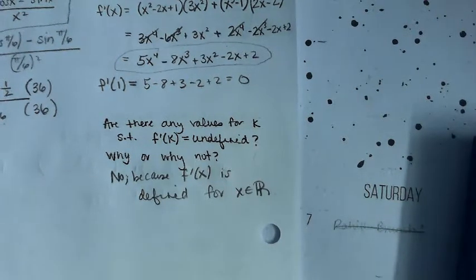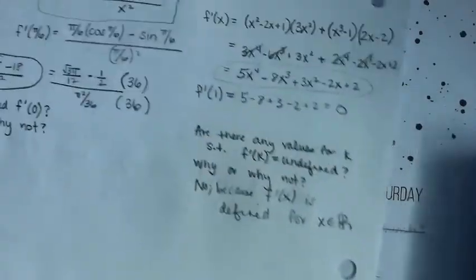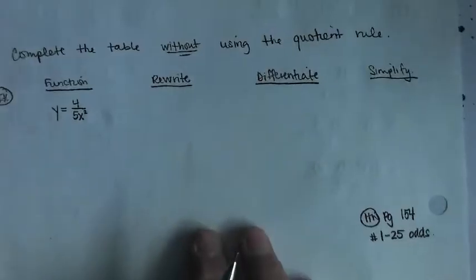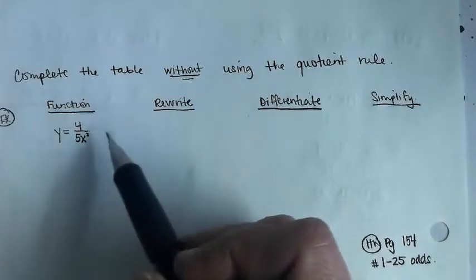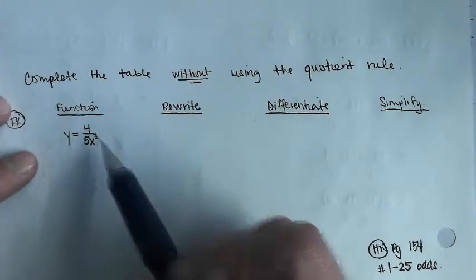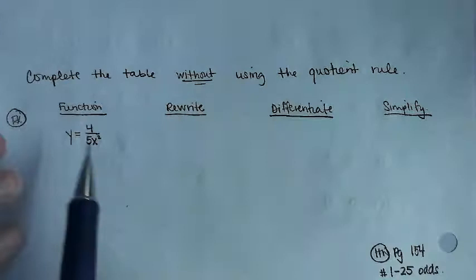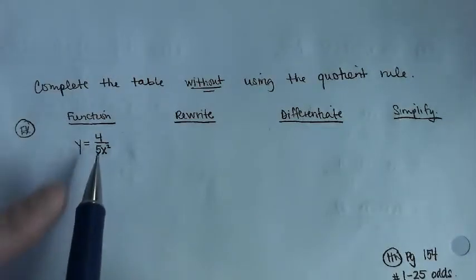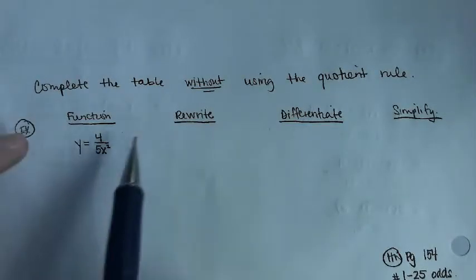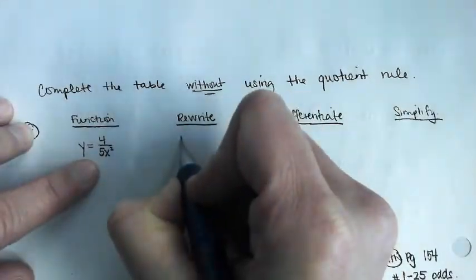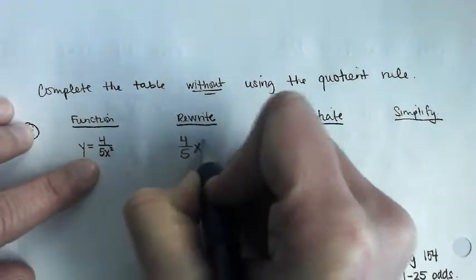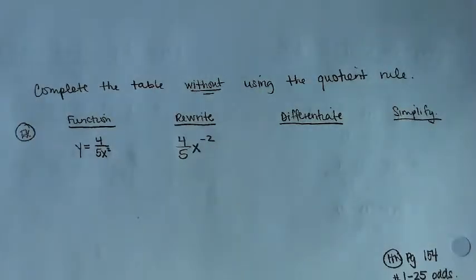Okay, and then you're going to come to a section on your homework where it wants you to find the derivative without using the quotient rule. So on this particular function, finding a way to rewrite it, and that would be 4/5 x to the negative second power.